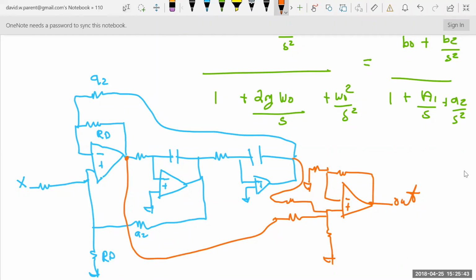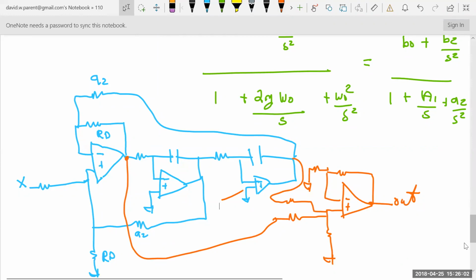The notch, you have to sum. And see how we're summing two transfer functions? Well, that's the parallel. So even though this is the feedback configuration, we're using the summing configuration with the feedback configuration to make the notch filter.